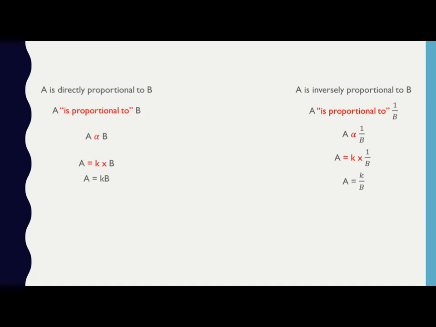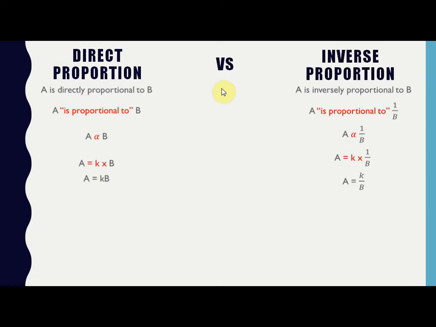First of all, just a comparison of direct and inverse proportion. As you can see, on your left side we have an example of directly proportional, versus inversely proportional on the right side.